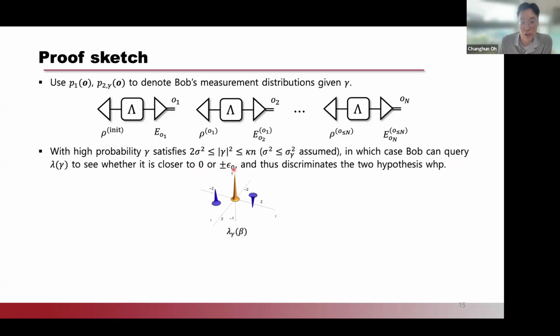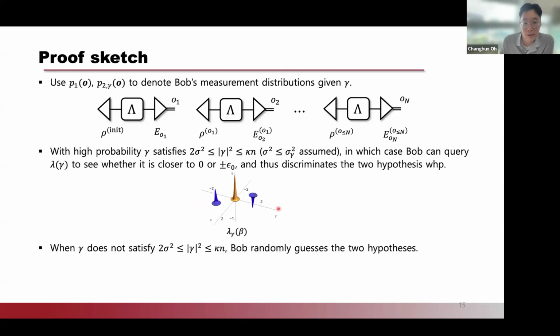This is a good strategy for Bob, because if Alice chose the first hypothesis where there's no peak at gamma, then Bob will see that lambda gamma is approximately 0. On the other hand, if Alice chose this 3-peak channel, then Bob will see a clear peak at lambda gamma. So if Bob succeeded with learning the channel well, then Bob can discriminate the two hypotheses with high probability.